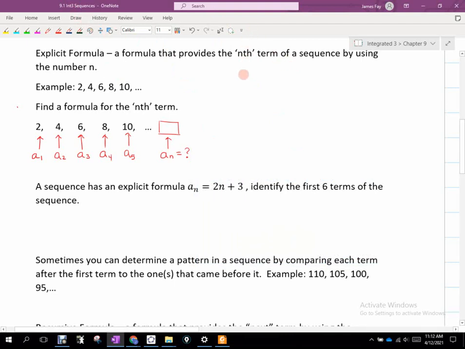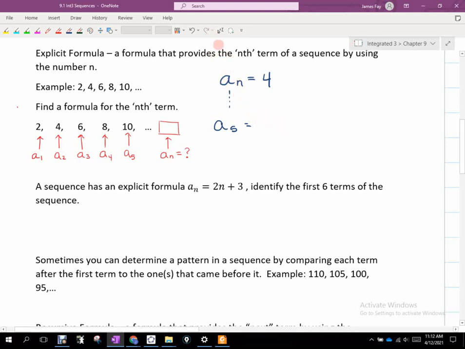So if I started with A sub n, and I wanted to figure out what its amount was. Let's say that my goal here is to find what A sub 5 was. But you knew the first term was 4, right?